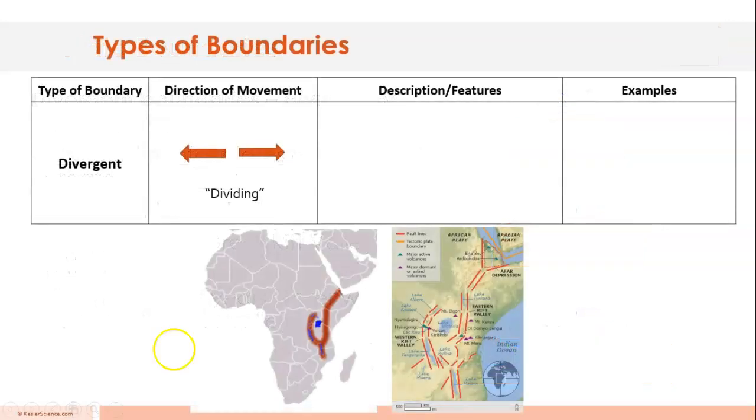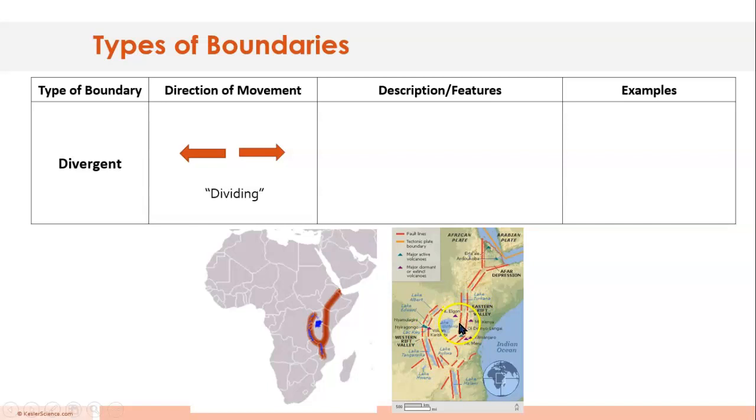So actually, before we start filling in our chart, I'm going to have you look at this map down here at the bottom of the screen. And you'll see we have the Great Rift Valley here. There's another portion of that rift here. And you can actually see in the places where plates are pulling apart from one another that we do have lakes that have formed.